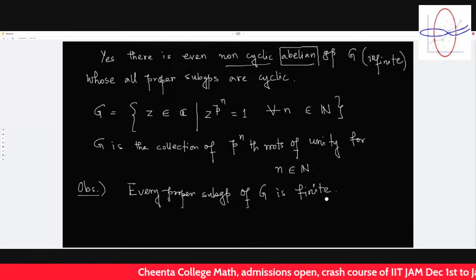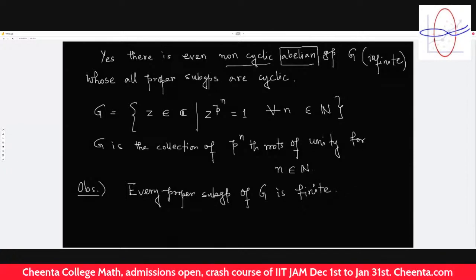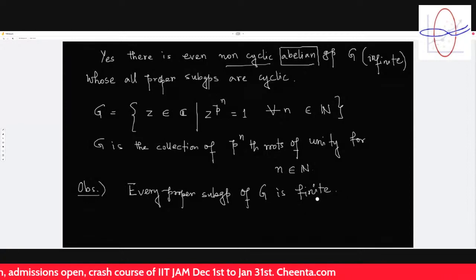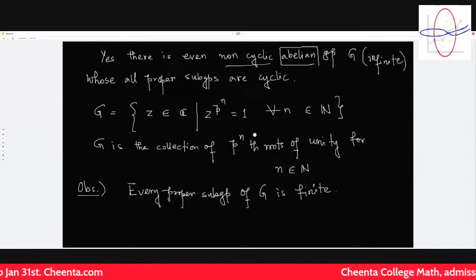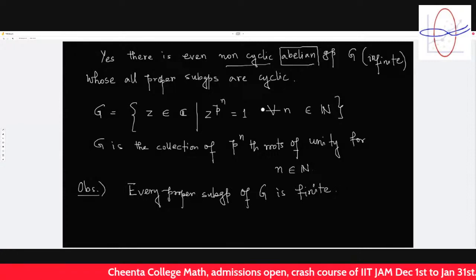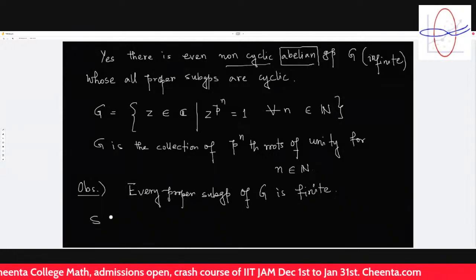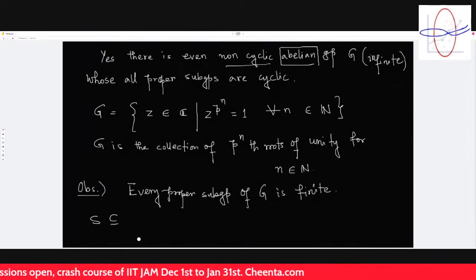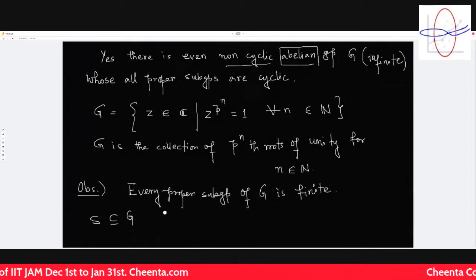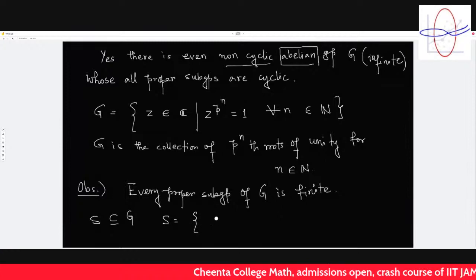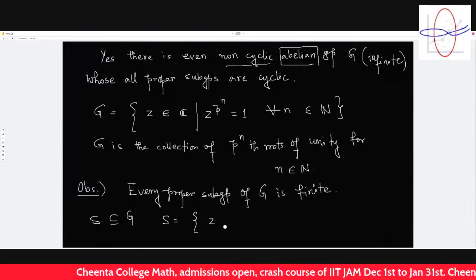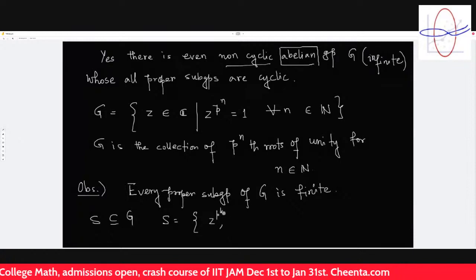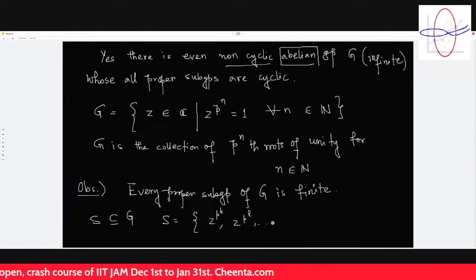If we talk about subgroups of G, first of all, they have to be subsets of G. So suppose S is a subset of G. Then S contains elements like z to the power p to the power k, z to the power p to the power l, and so on and so forth.